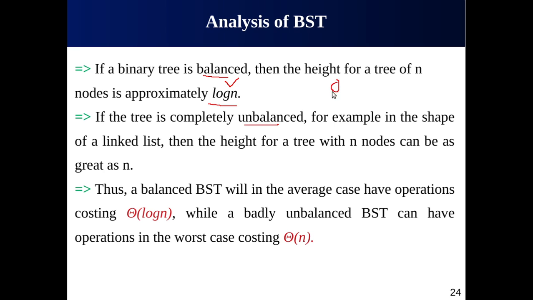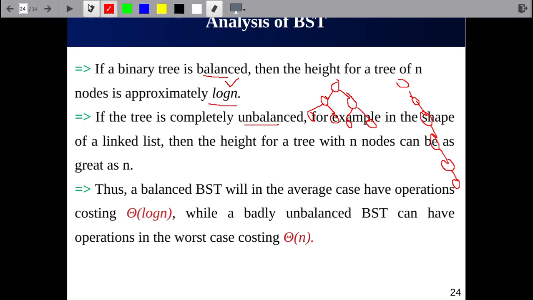A balanced tree is like this, where the number of levels of each node is the same, or at most one difference is there. On the other hand, if we have a skewed tree like this, then it is a completely unbalanced tree.